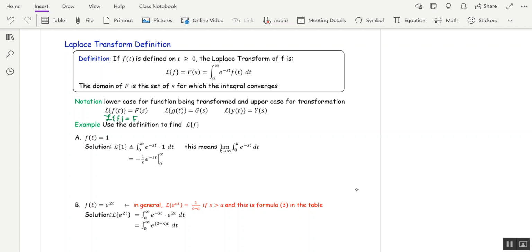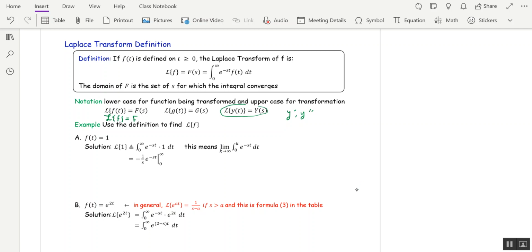So here's another one. If you took L of little g, you'd get big G. And this is the one we'll use most often when we solve differential equations, because we're going to be solving a differential equation with like y prime or y double prime. And so we'll be taking L of little y, and that will be big Y. And again, t goes to s.